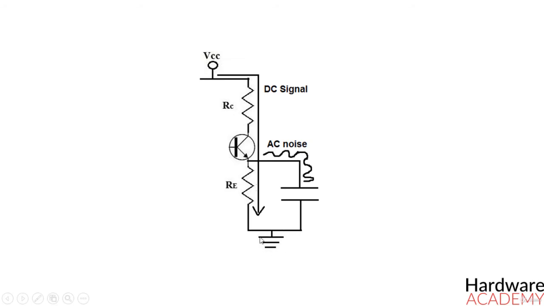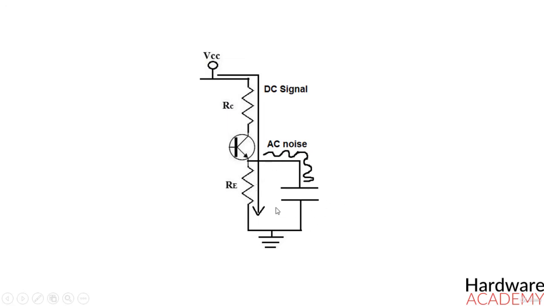So AC signals get shunted to ground, and this is how we have a clean DC signal across our circuit, while AC noise imposed on it is bypassed to ground. So a bypass capacitor blocks the DC from entering it by the great resistance it offers to the signal, but accepts the AC noise that may be on the DC line and shunts or bypasses it to ground. And basically this is how bypass capacitors work.